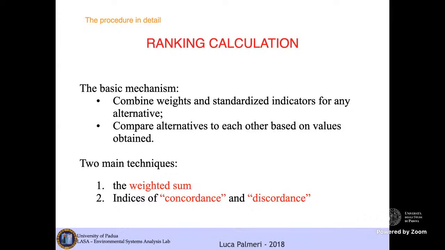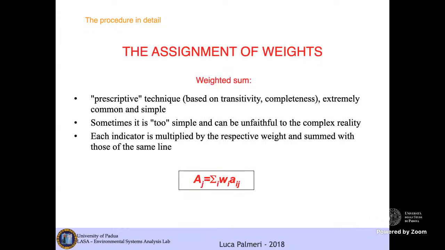Again, here two main techniques, the weighted sum and the indices of concordance and discordance. The weighted sum is by largely the most applied, while the indices of concordance and discordance are a little bit more sophisticated. The weighted sum is a prescriptive technique based on transitivity or completeness, and it is extremely common and simple.